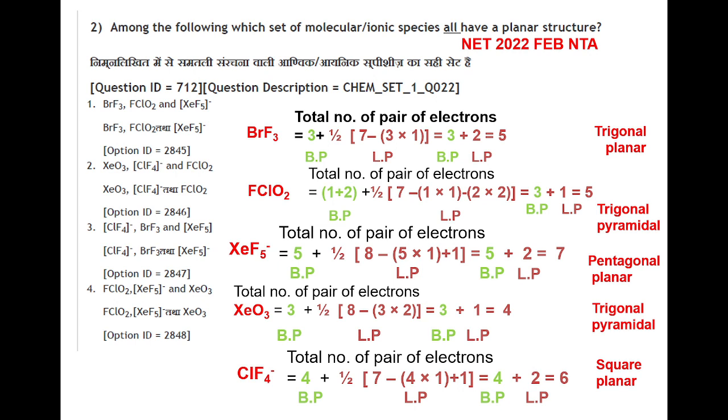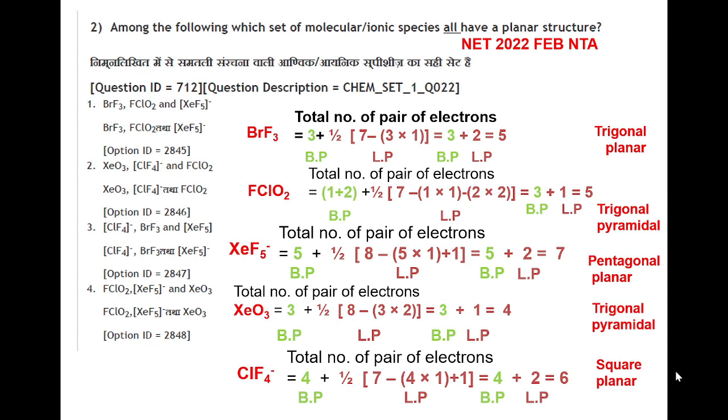XeO3 is trigonal pyramidal. ClF4 minus is square planar. The question asked which set of molecular or ionic species all have planar structure. Listen: trigonal planar, pentagonal planar, square planar.